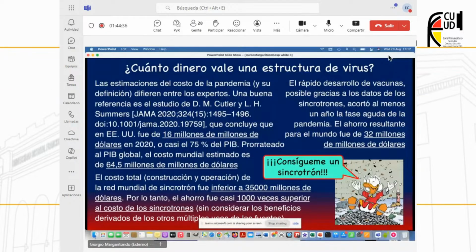For example, how much we are spending in McDonald's every year, or what is the total investment in gigantic cruise ships that are creating all sorts of problems around. And you can still see that what we are spending for science and technology in general, but in particular for the network of synchrotron radiation, is not only very reasonable, but in fact very limited. Okay, so this is what I wanted to say.